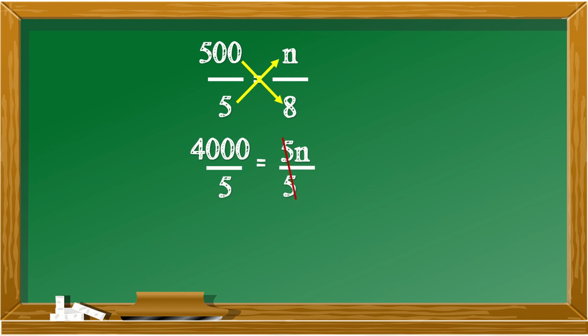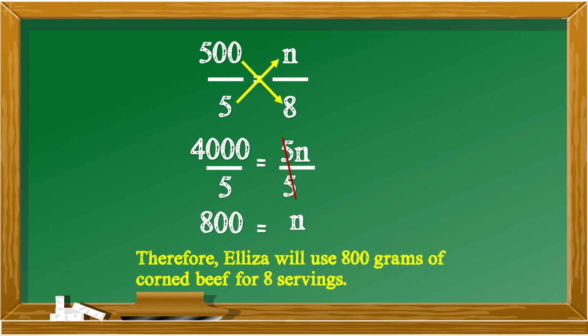Just cancel out those two 5s. That will leave letter n alone. And then 4,000 divided by 5 is equal to 800. Meaning, 800 is equal to n. Therefore, Eliza will use 800 grams of corned beef for 8 servings.